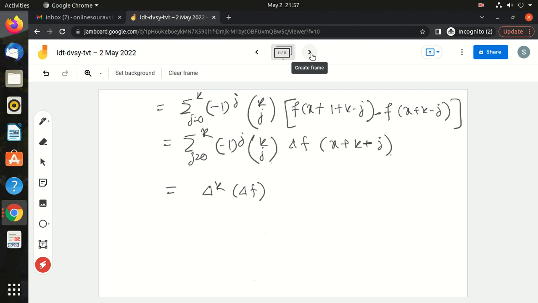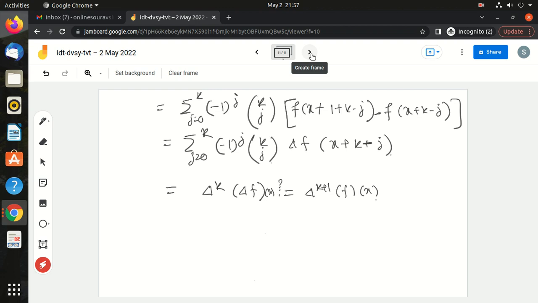So let me check if we are running into any cyclic argument. This is delta k of delta f. Now you want to say this is equal to delta k plus 1 of f of x, right? Yes. So let me just check. Let us assume the result for k, then I have to amend the hypothesis. This is true for s being equal to k. So now what you do?